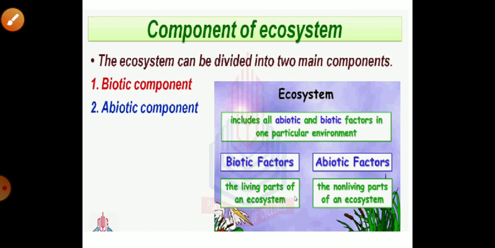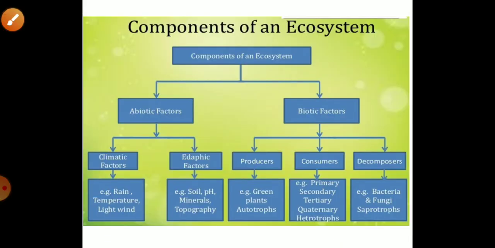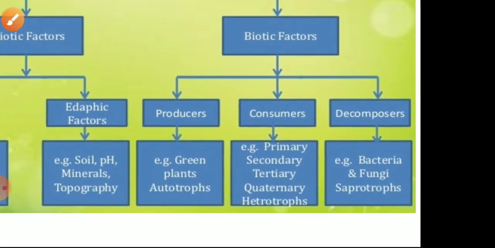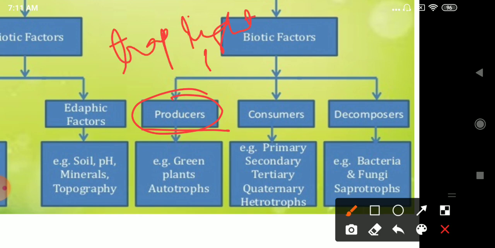Now, as I said here, the ecosystem comprises biotic and abiotic components. The biotic components of the ecosystem include producers. These are the organisms which trap the light energy, that is the sunlight, and convert it into chemical energy. This chemical energy is then used to make food, and that is what is available to all the other organisms or animals present in the ecosystem.